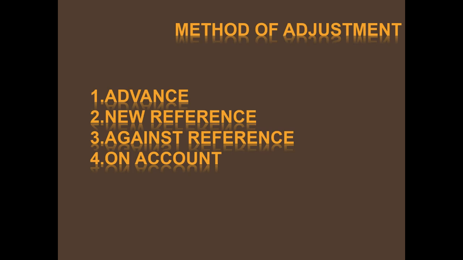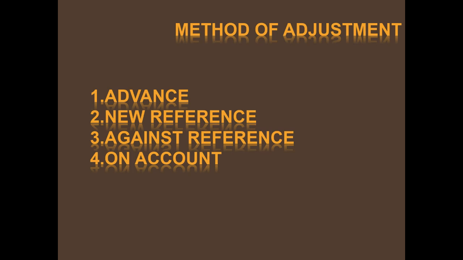So in that case, new reference should be there. And on account means we don't want to maintain the bill-wise detail. These are very important while purchasing or sale or debit note, credit note, or making the payment or receiving the amount.